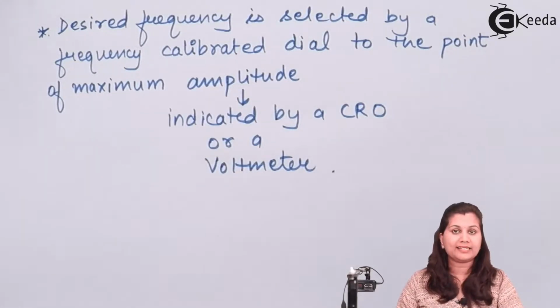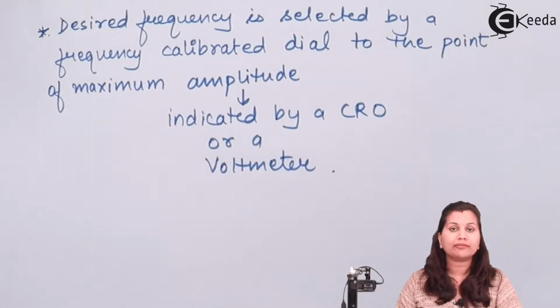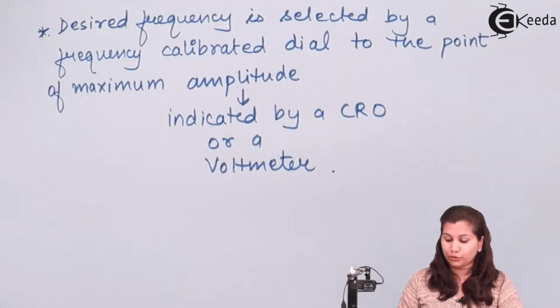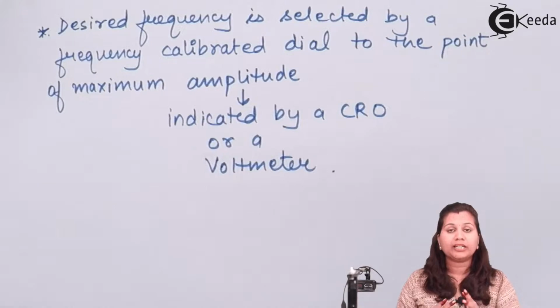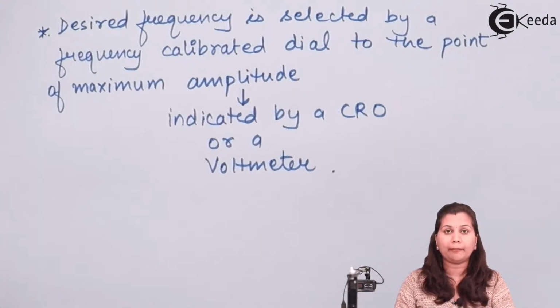Now wave analyzers are of two types. One is the frequency selective wave analyzer and the second is the heterodyne wave analyzer. Here we are studying the frequency selective wave analyzer. These two types of wave analyzers are categorized depending upon the frequency range used by them.